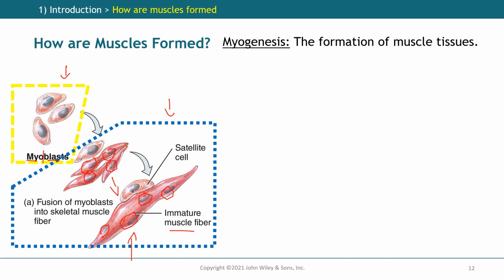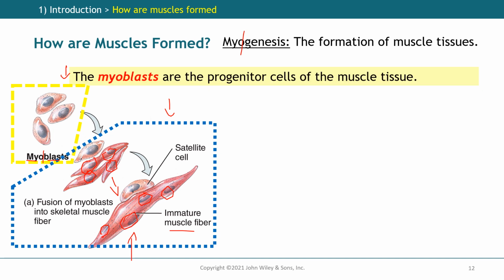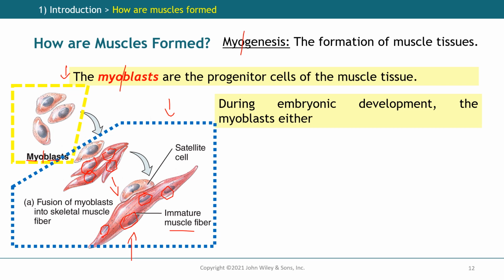So what I told you is that there is a process called myogenesis, the formation of the muscles, muscle genesis, origin. And I told you that there are progenitor cells of this tissue called myoblasts: muscle, blast, sprout, or immature cell. During embryonic development, the myoblasts have two options.